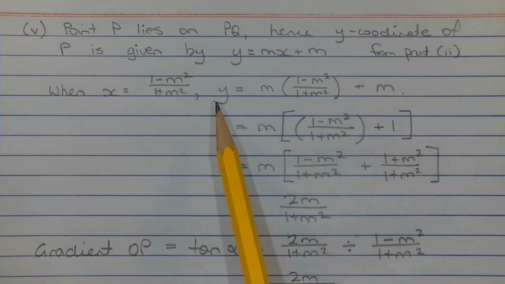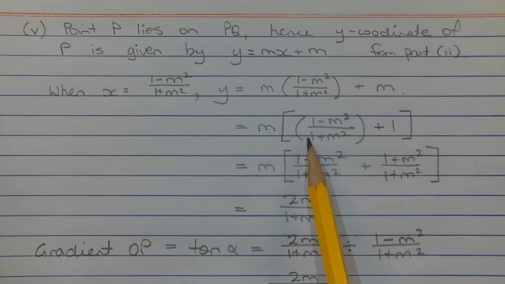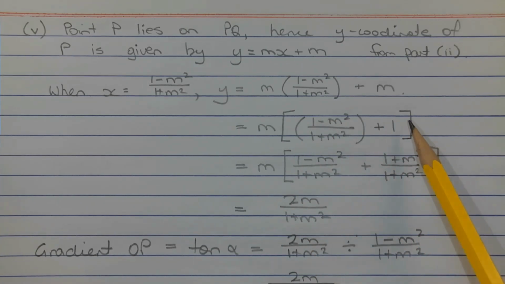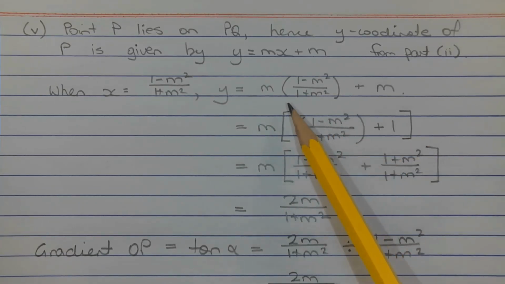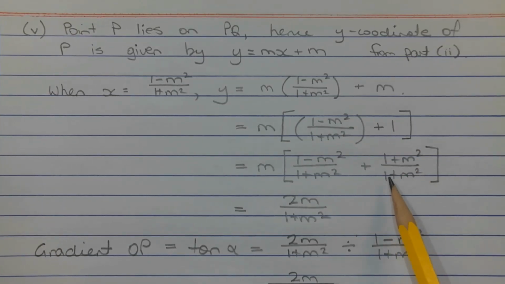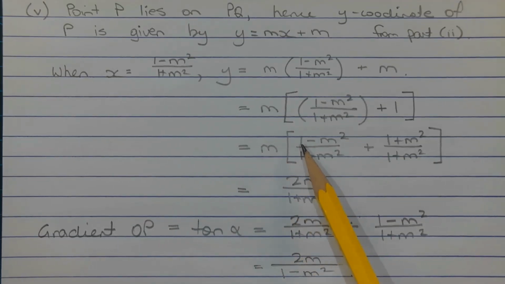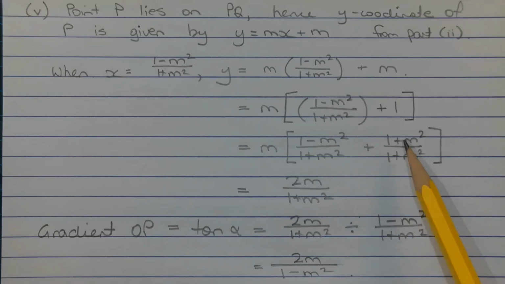Factorising out m, we get y is equal to m times, open bracket, (1 minus m squared over 1 plus m squared) plus 1, close bracket. Now combining these two terms inside the square brackets, finding a common denominator of 1 plus m squared, and 1 is 1 plus m squared over 1 plus m squared, we get y is equal to m times (1 minus m squared over 1 plus m squared plus 1 plus m squared over 1 plus m squared).